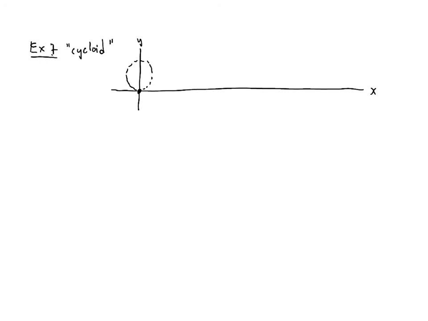And what's going to happen is that this circle is going to roll to the right and sweep out a curve in the plane. So for example, if it rolls a little bit over here, maybe that reference point we started with has moved all the way to the top, and so I've swept out a curve that looks something like this. And it continues to move through the plane to give a curve that looks like this. And so on.